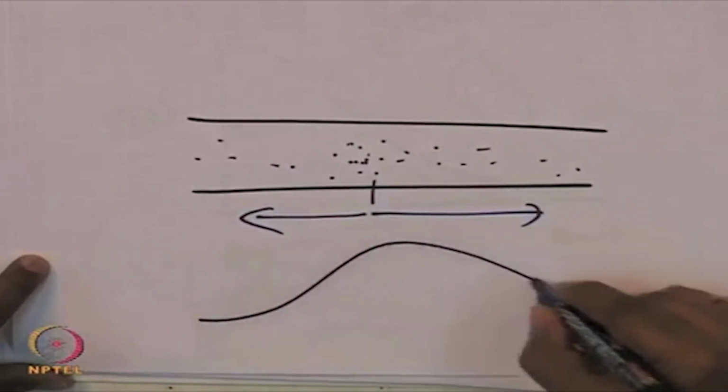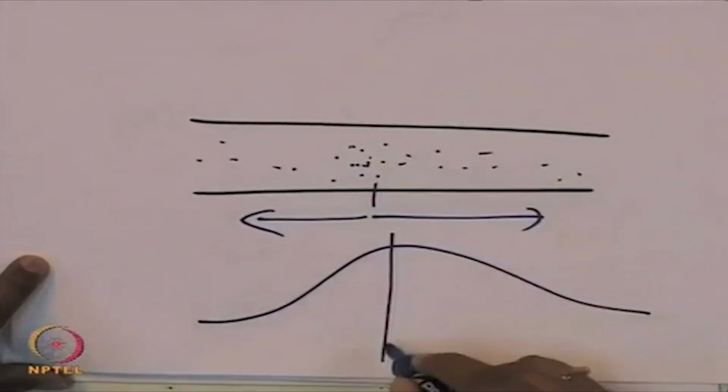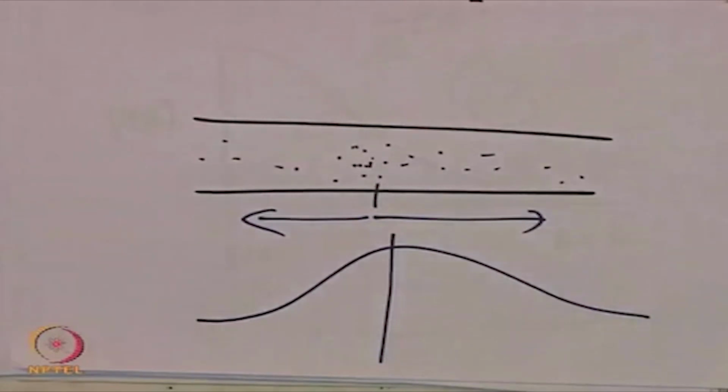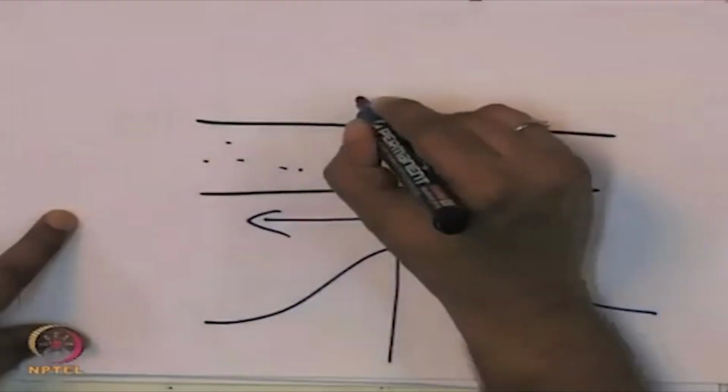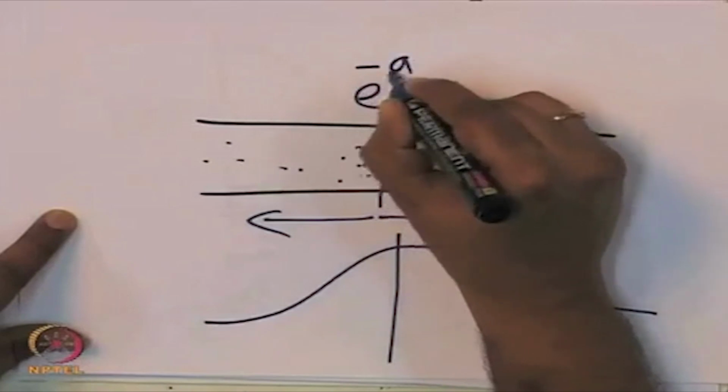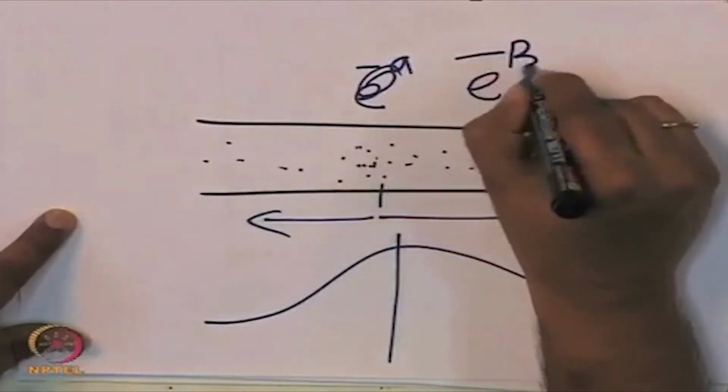So, this might have a Gaussian-like shape. If you plot it, it might have a shape like e to the power minus b x square.